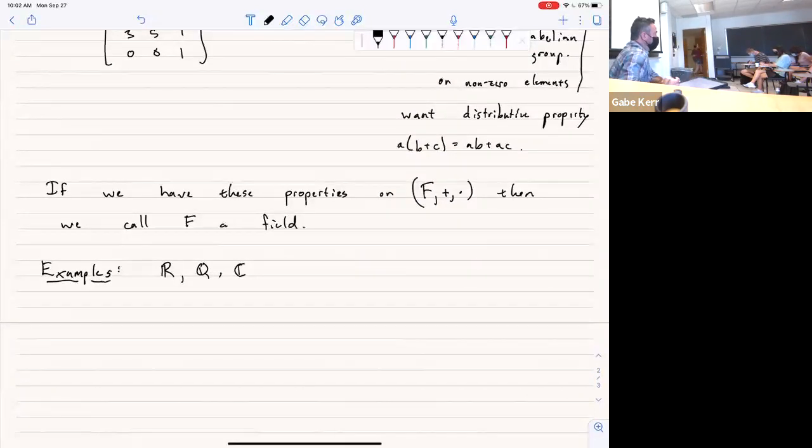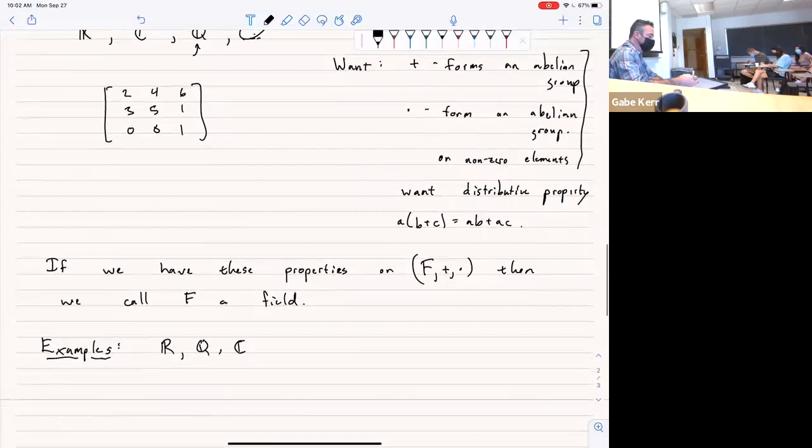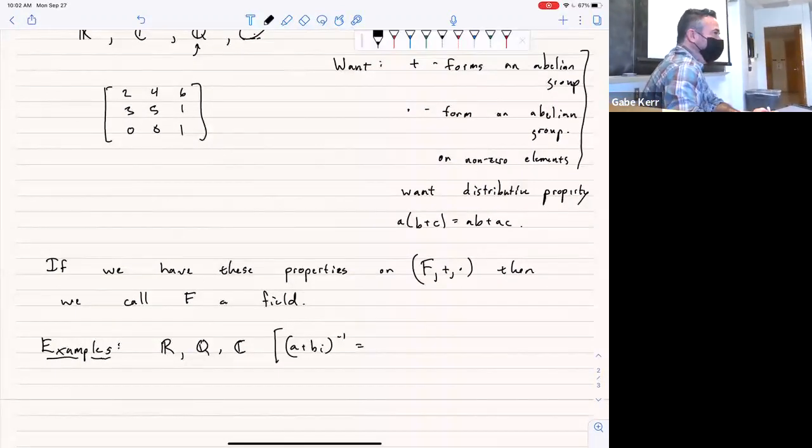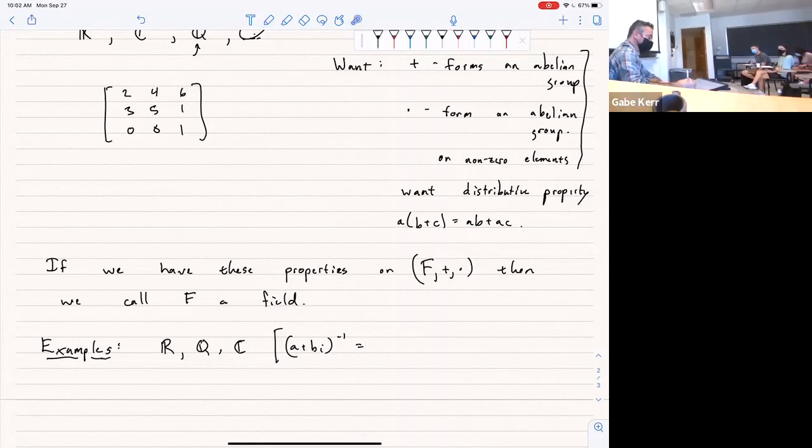Complex numbers have all of the properties. The only thing that maybe takes a little getting used to is the multiplicative inverse. I have a plus b i. You do this trick: there's this thing called the conjugate.